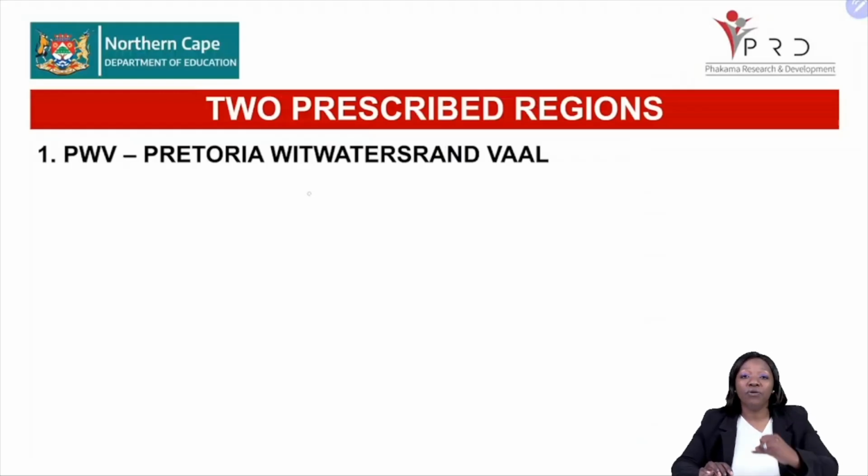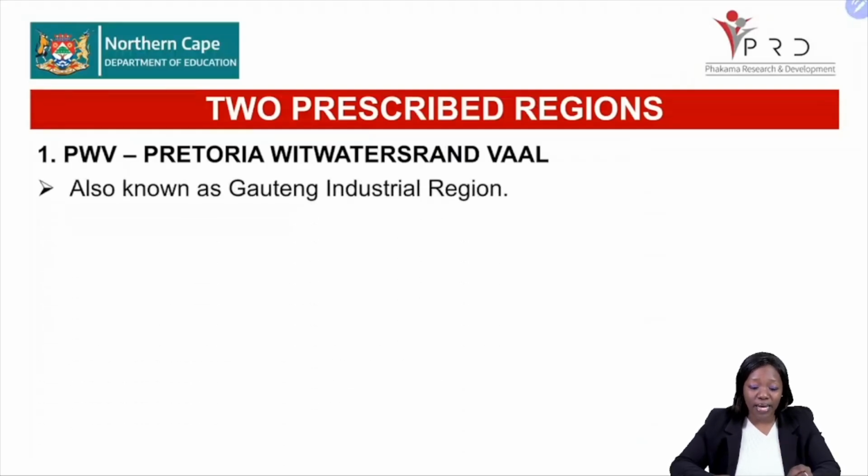So your PWV is one of the prescribed regions for this year, which means you need to know this region thoroughly. We've already indicated that it is located in Gauteng. So for 1 mark, they can say, what does PWV stand for? By now you should start practicing your Pretoria, Witwatersrand, Vaal, or Pretoria, Witwatersrand, Vereeniging.